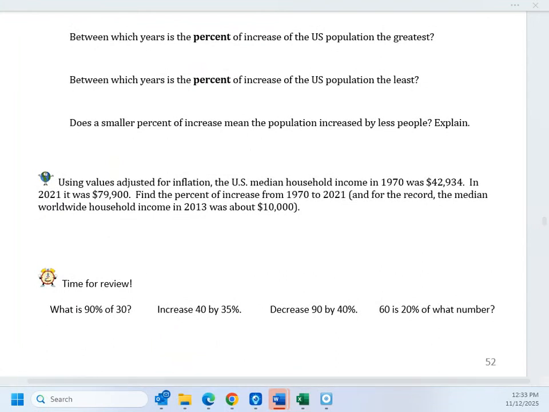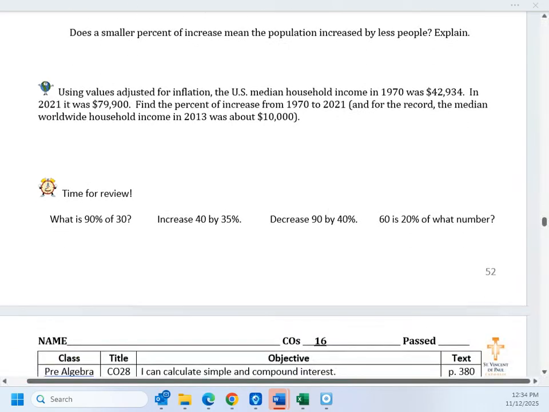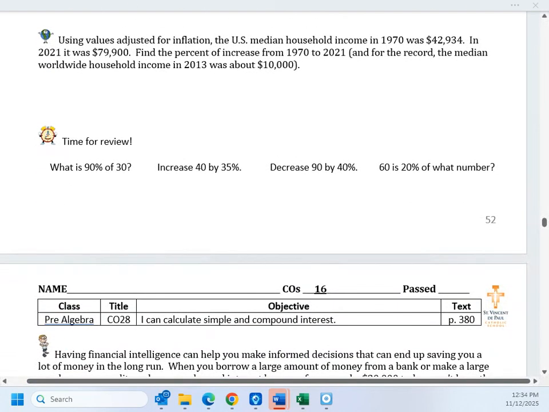How can I use my answers to answer these new questions and explain it? Then we have a new set of another word problem. Finding that percent of increase from 1970 to 2021. And then we have review.